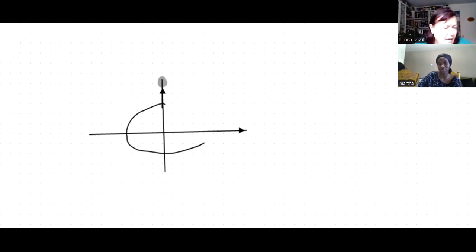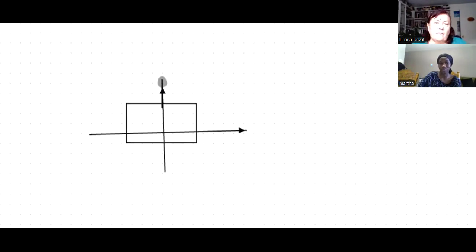So this is an ellipse. Smart drawing does not help. Circle. Basic shape, I don't know how.